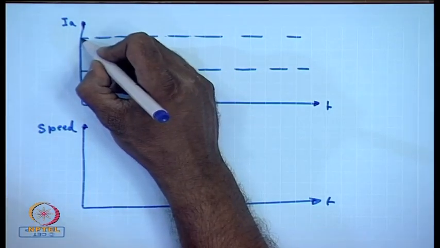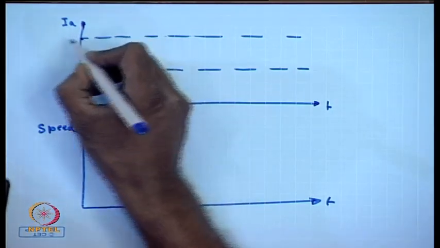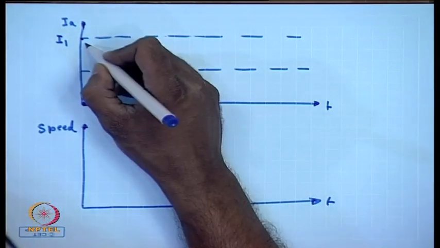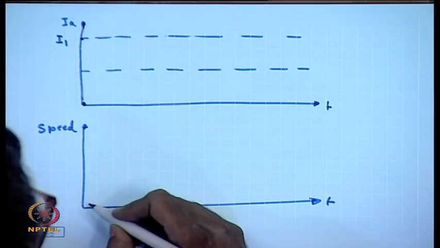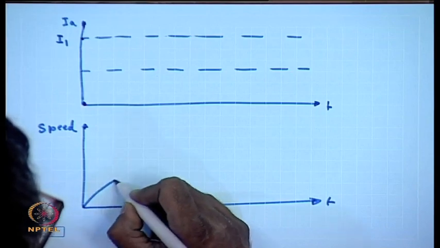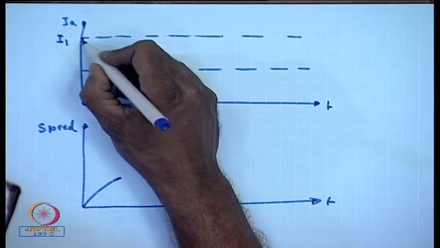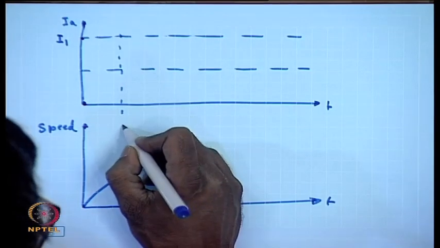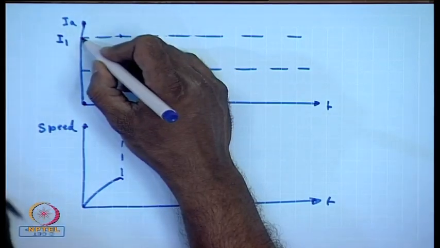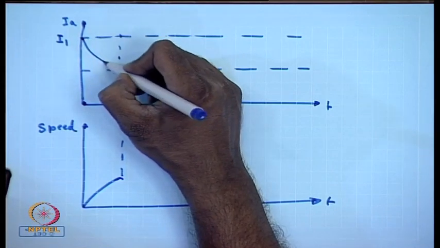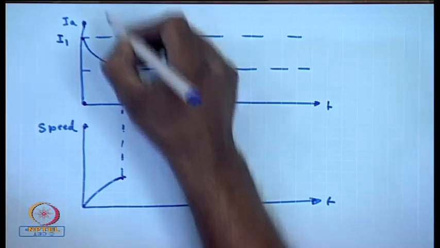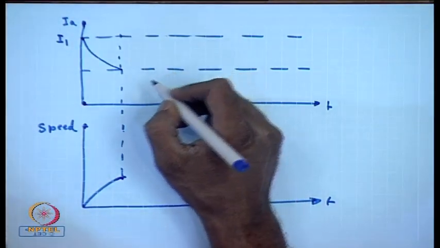So, initially when machine is started, the current jumps to a value I1, the machine starts accelerating. As the machine accelerates, the current drops, and at this point let us say the first contactor C1 is closed.